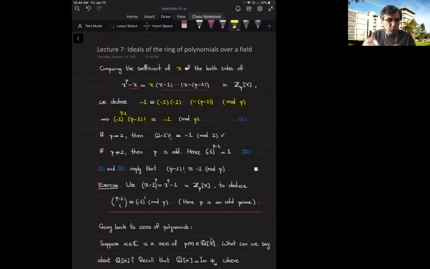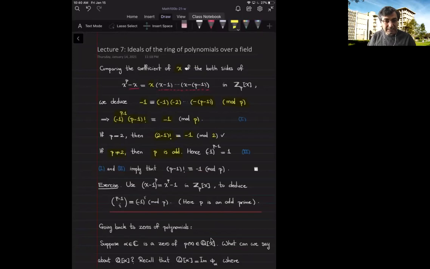Now if p is 2, there is nothing to prove. If p is 2, (2 minus 1) factorial is 1, and 1 is congruent to -1 mod 2. So in that case, Wilson's theorem is rather easy. Let's focus on the case where p is not 2. Remember, p is a prime number, so when it's not 2, it is definitely odd.